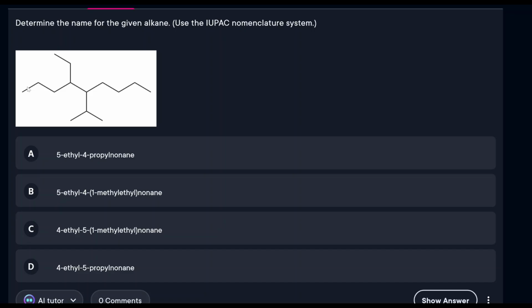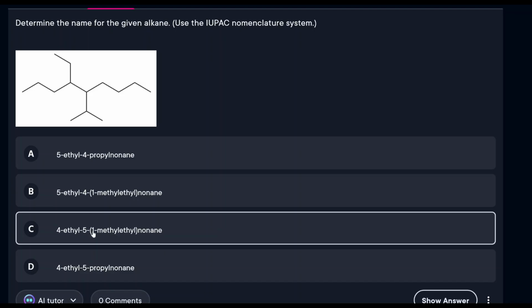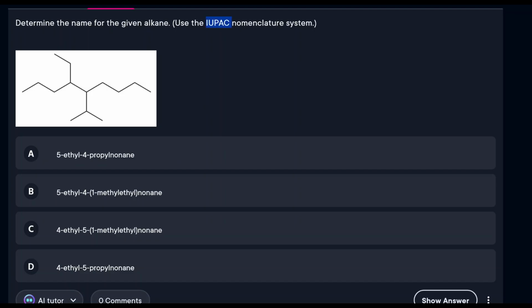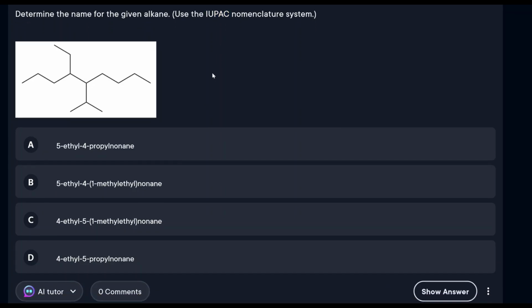So we have 4 ethyl, 1, 2, 3, 4. So our ethyl's on 4. 5, and then 1 methyl ethyl. I believe 1 methyl ethyl is just a different way of saying isopropyl. I believe it's the more standard, or maybe IUPAC, version of the name.